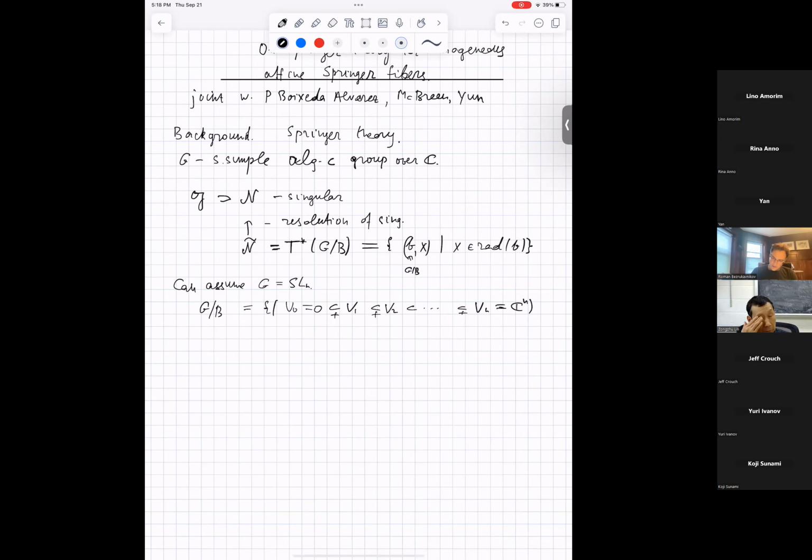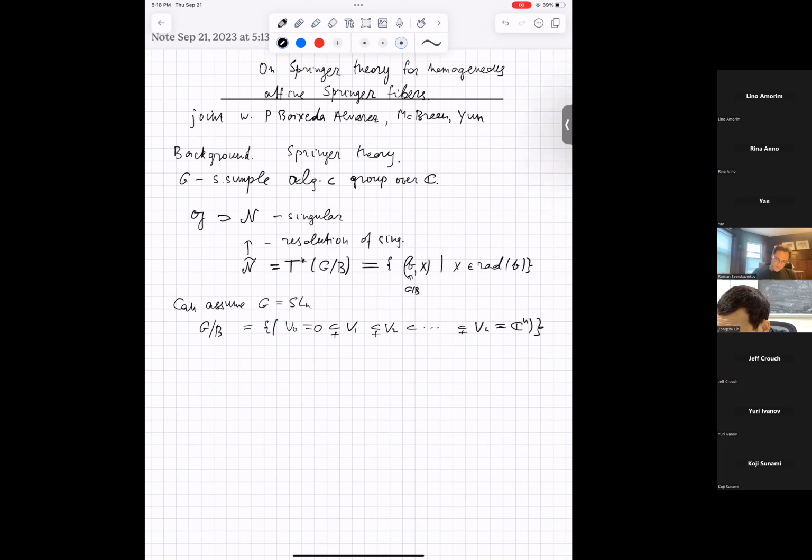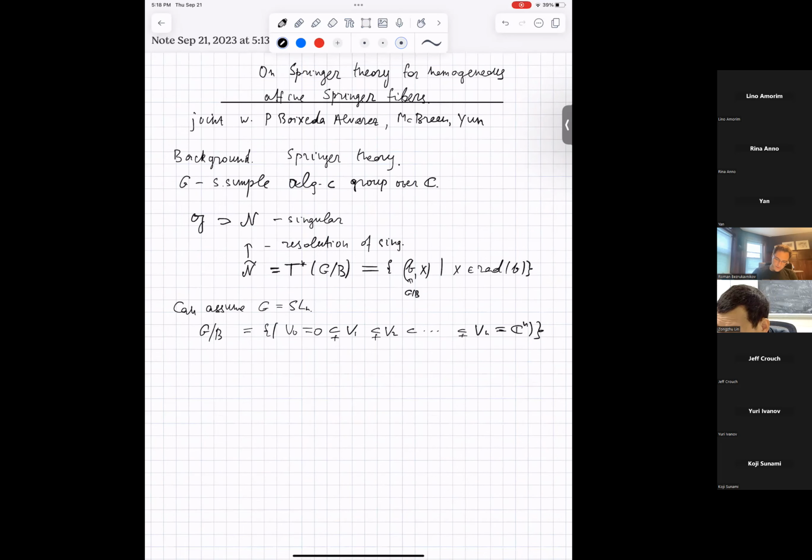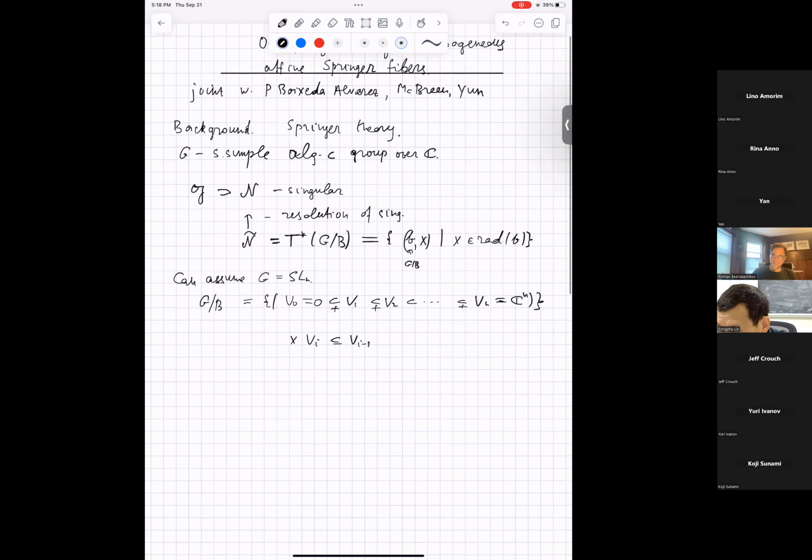It carries a transitive G action, so it's a maximal projective homogeneous space for G. Then X will be just a matrix strictly preserving the flag, sending V_i to V_{i-1}, which certainly implies it's nilpotent.